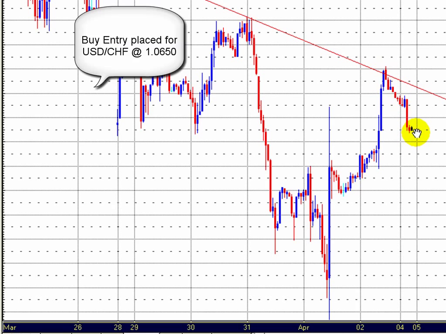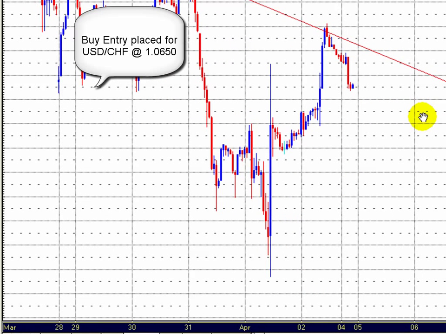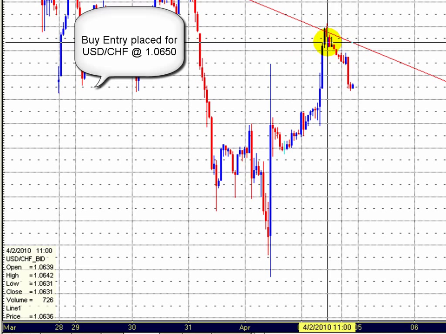However, there is no indication for me to conclude that the prices may not reverse and go in the upward direction. So if I were to place a trade on the buy side, I'd probably place a trade at the top of this candle here. This was Friday's high point, which is 1.0642.